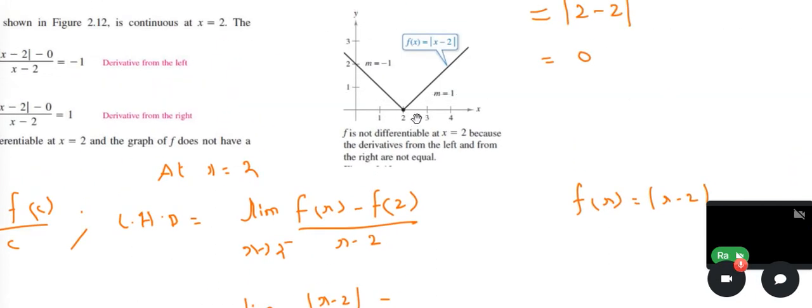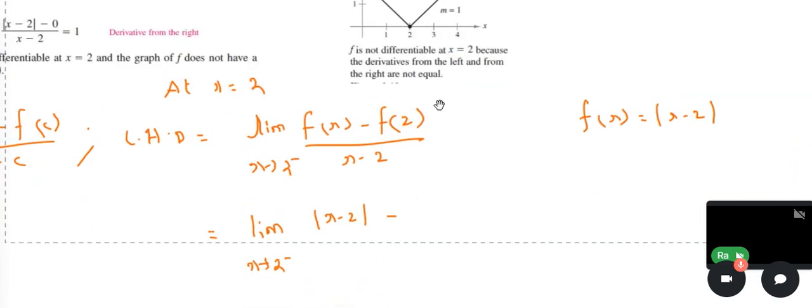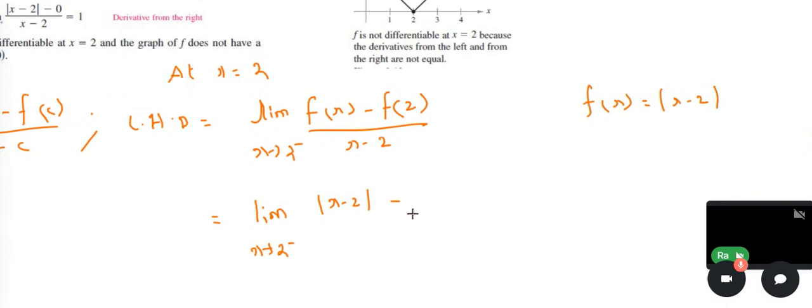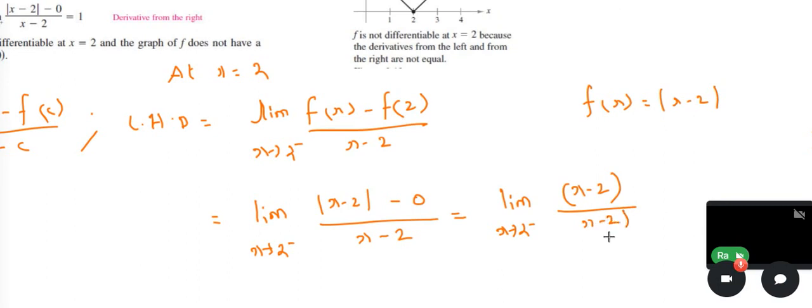We can see that f of 2 is 0, so we have the absolute value of x minus 2 minus 0, divided by x minus 2. This is basically the limit as x approaches 2 from the left of x minus 2 all over x minus 2.